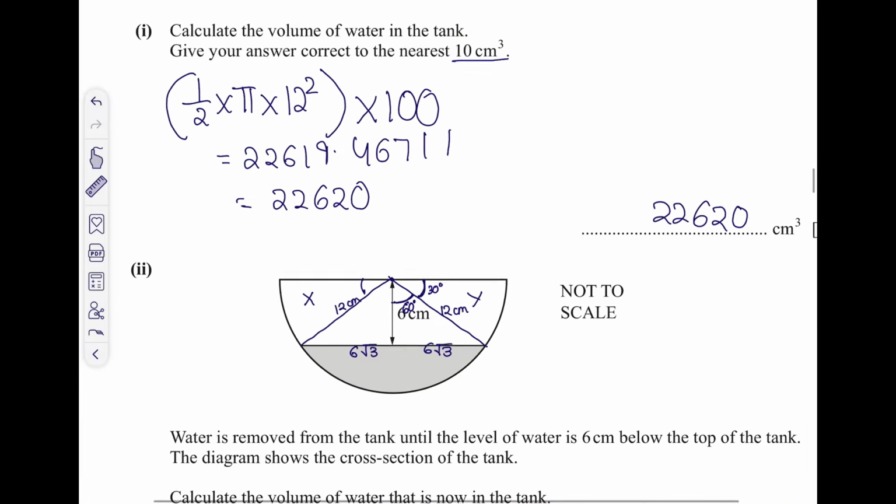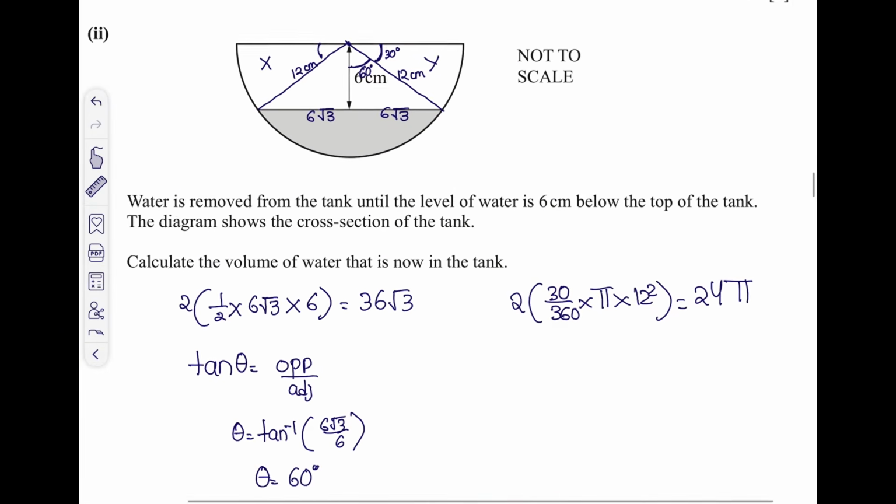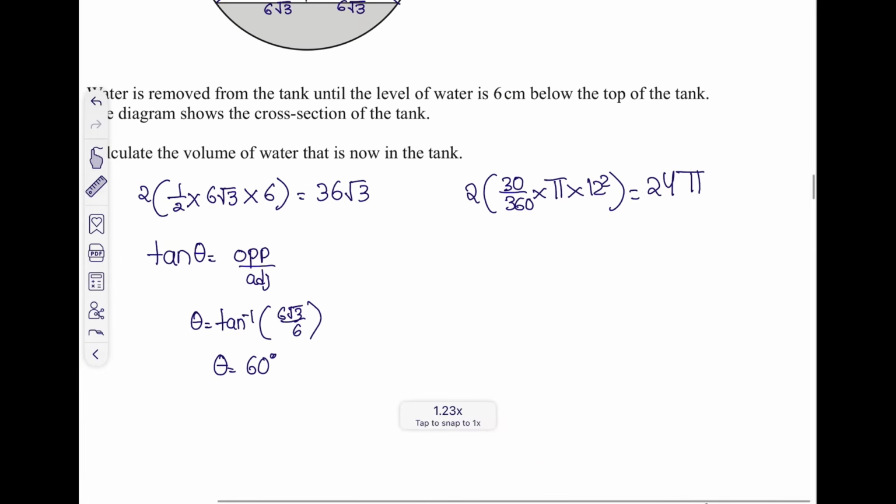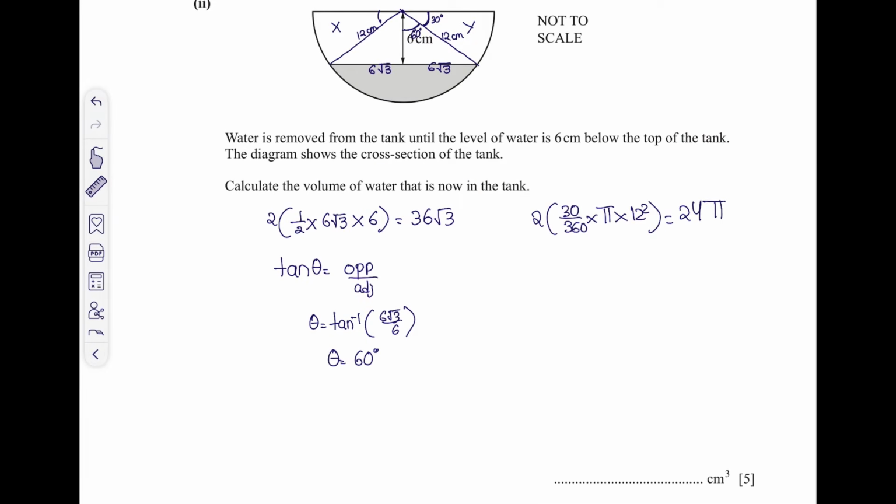Now what is the total area initially? I have to find that so that we can calculate the difference. If you want to find the total area, it's half of pi into the radius squared, because it's a D shape, indicating half of a circle. So pi into 12 squared into 0.5, which represents half, gives me 72 pi. So in order to find the area now, it's very simple.